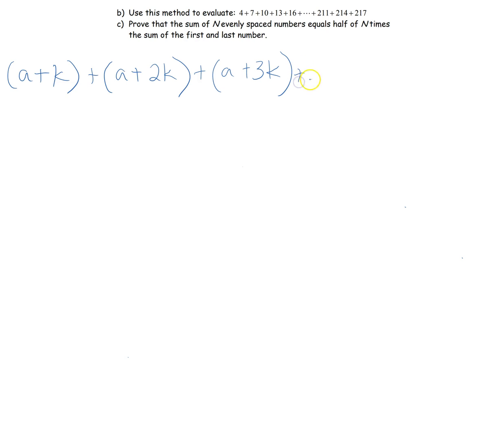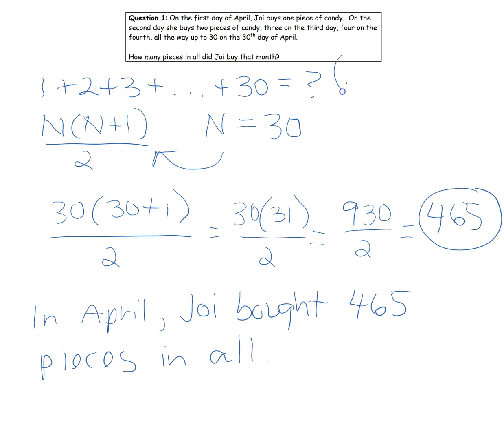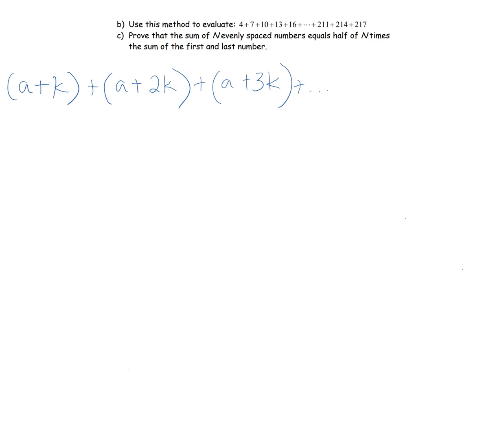And so this is going to continue until our last term, where we get a plus nk, where n is our number of terms in total, and we're going to have n times our equal spacing of k. So the sum of all this is going to give us our answer a. We want to show that we can express this sum as half of n times the sum of our first and our last number.